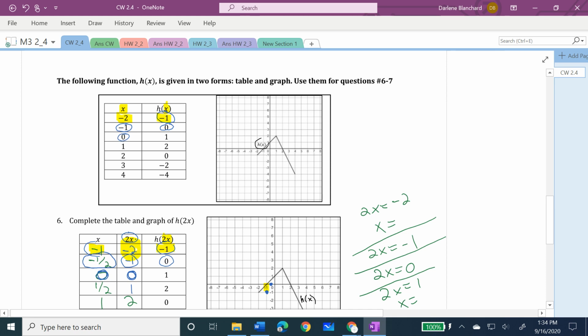If 0 is my input, h will give me a value of 1, which happens to be the very point that it was before. What I'm trying to do is sketch the graph of h of 2x. We have in the past taken a function and done multiplication with the y. If I take a graph and I multiply it by 2, I vertically stretch the graph by multiplying all the y coordinates by 2.